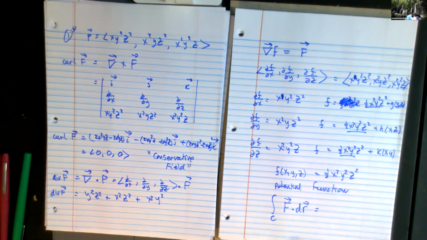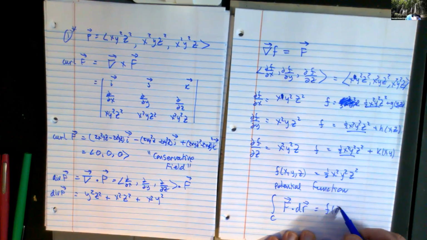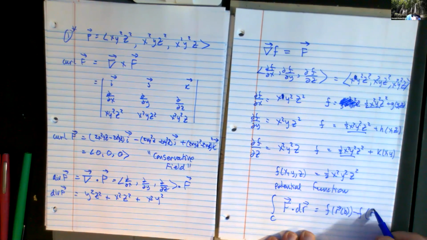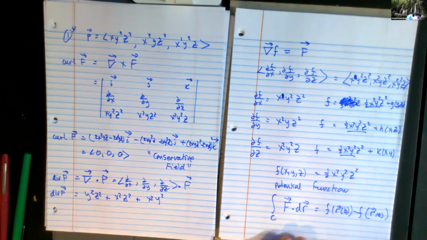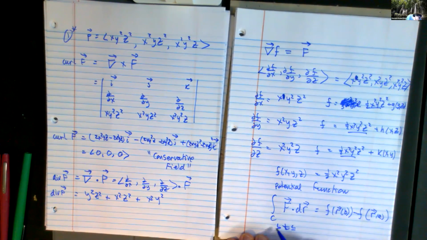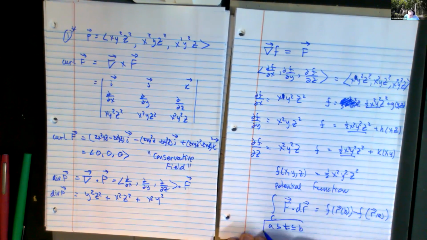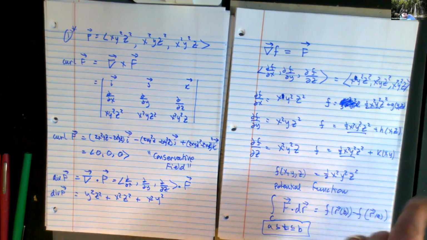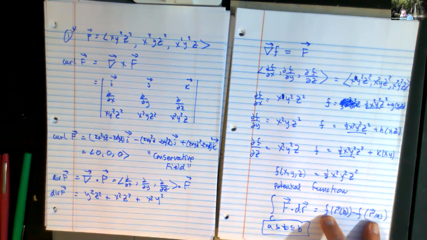Because won't it just be the potential function at the end and the potential function at the start? So I just need to evaluate the space curve at A and at B and plug them in here and here, and then the potential function will do the rest for us.